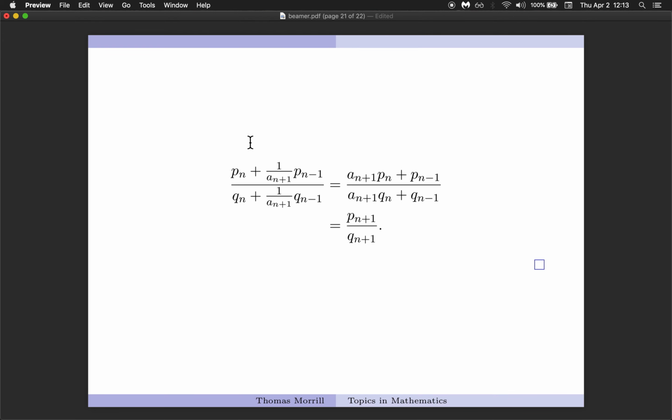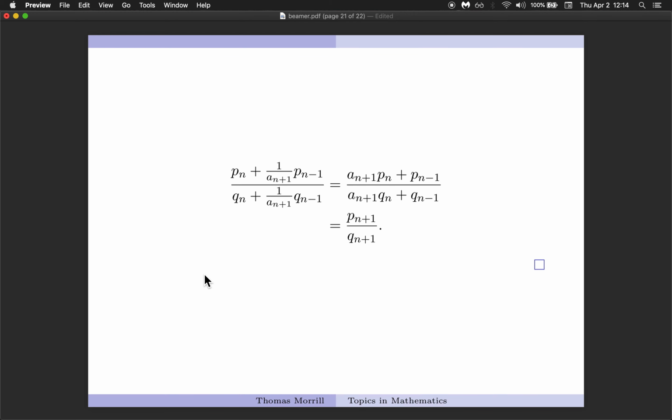This is the fraction I've got from the previous slide. The numerator and the denominator have a fraction built into them, right? That 1 on an plus 1. And whatever this fraction reduces to should get me the convergent that I want, my pn plus 1 and my qn plus 1.